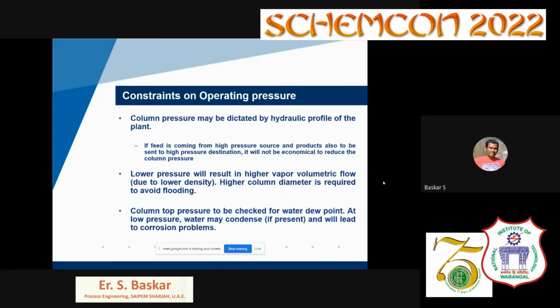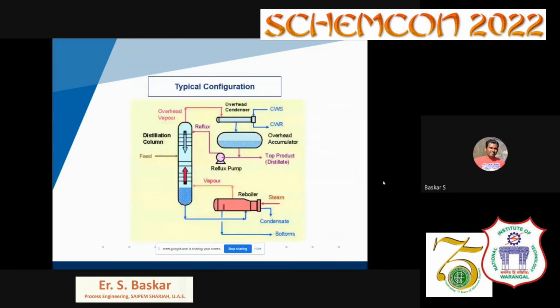For example, if the feed is coming at high pressure and the product also is to be sent to a location where high pressure is required, then we cannot decrease the column pressure only for optimizing this distillation column, because if we decrease the pressure, we have to pump it to a higher pressure again. So that will not be economical. Hence, the column pressure will also depend on the total hydraulic profile of the plant.